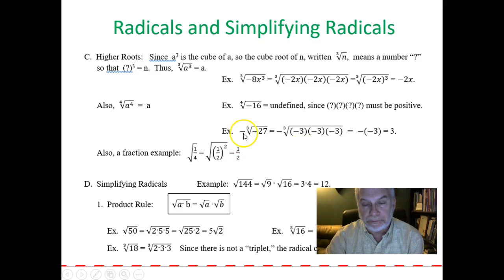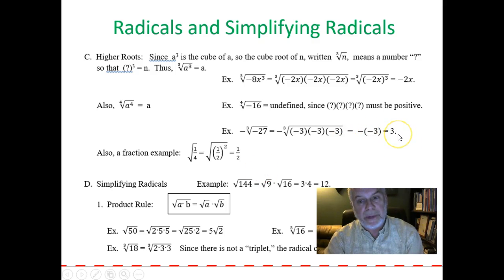Now here's one: the negative of the cube root of negative 27. Well, you could write negative 27 as negative 3 times negative 3 times negative 3, so you have 3 of them. So when you take the cube root of that, it just becomes one of them. So you basically have the negative on the outside and then times negative 3.